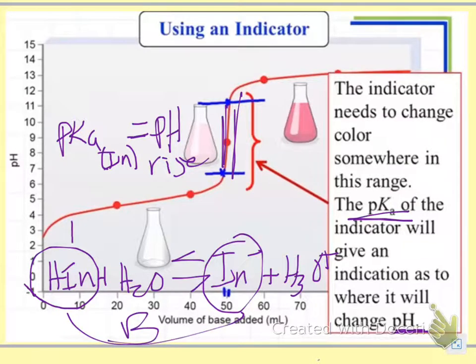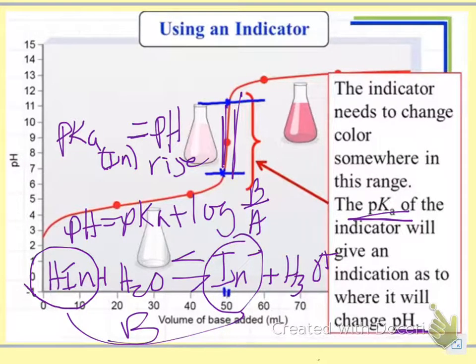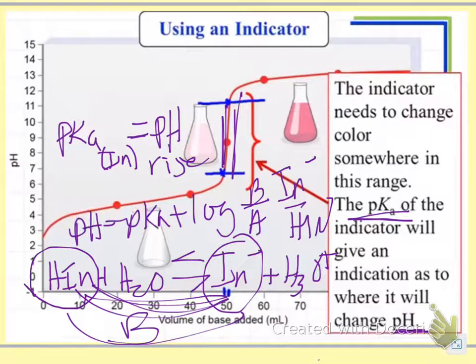So if you have a buffer, pH is equal to pKa plus the log of the base over the acid, or the log of the indicator ion over the HIn. When you have these close to the same concentration, your pH will equal your pKa. So that's what you're looking for, where your pH is equal to your pKa.